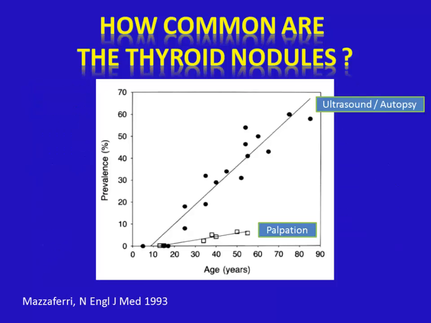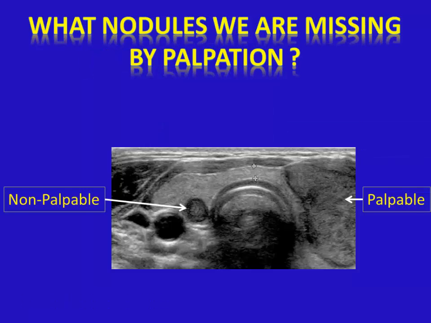We can see this graph, which was introduced in the early 90s of the previous century, in which you can see that the prevalence of thyroid nodules increases with age, and the number of thyroid nodules detected by ultrasound or autopsy after thyroidectomy is much higher than what's detected by palpation. A nice number to remember is that by the age of 50, about 50% of the population will have a thyroid abnormality. So why are we missing nodules on palpation?